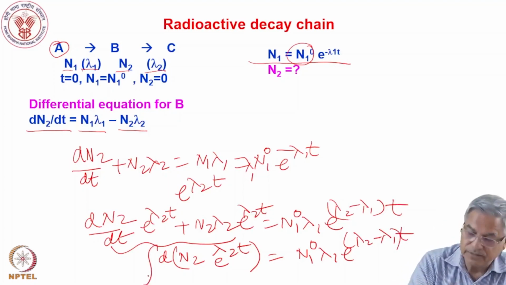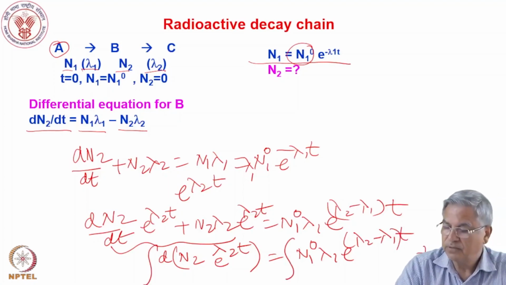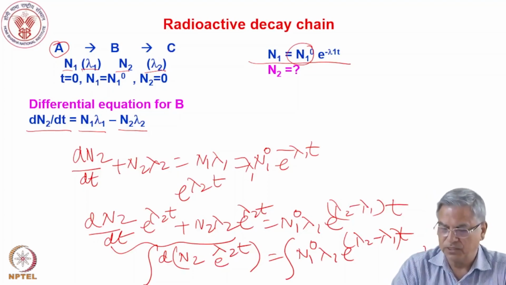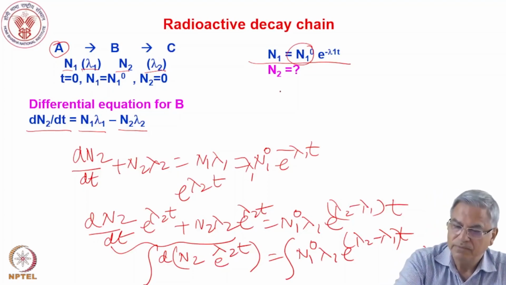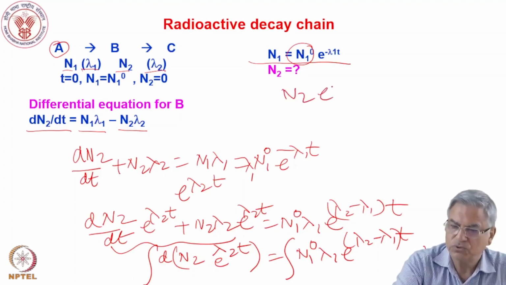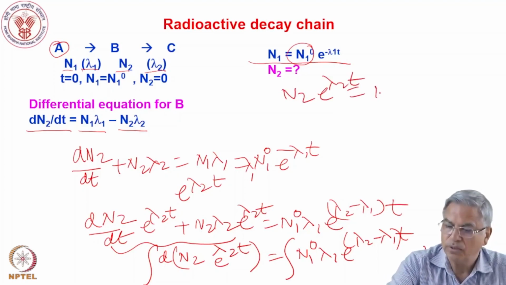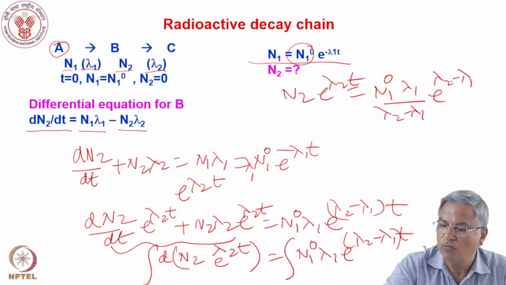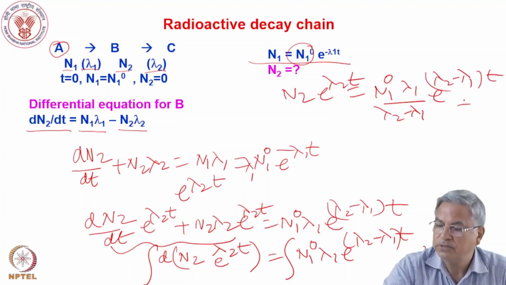If I integrate, the solution becomes N2 e raised to lambda 2 t equal to N1 0 lambda 1 upon lambda 2 minus lambda 1 times e raised to lambda 2 minus lambda 1 times t, plus C.